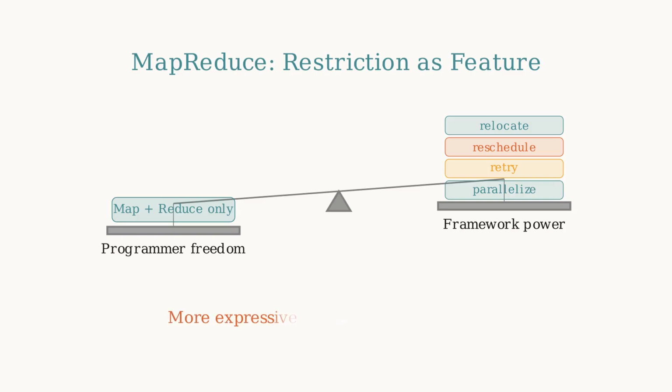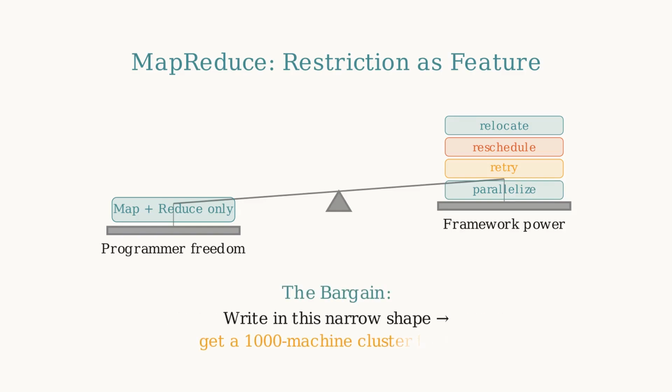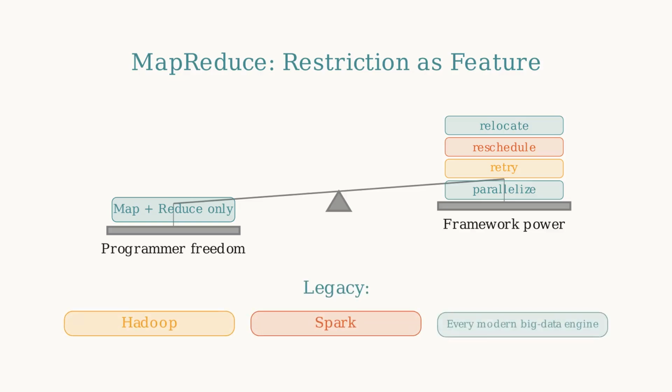A more expressive interface would give programmers more power and give the framework less. The bargain, write in this narrow shape, get a 1,000 machine cluster for free, turned out to be one of the most productive trades in the history of systems software. It seeded Hadoop, Spark, and essentially every modern big data engine that followed.